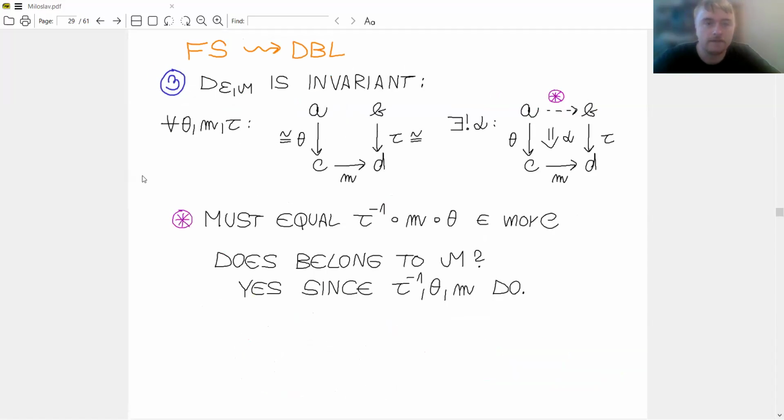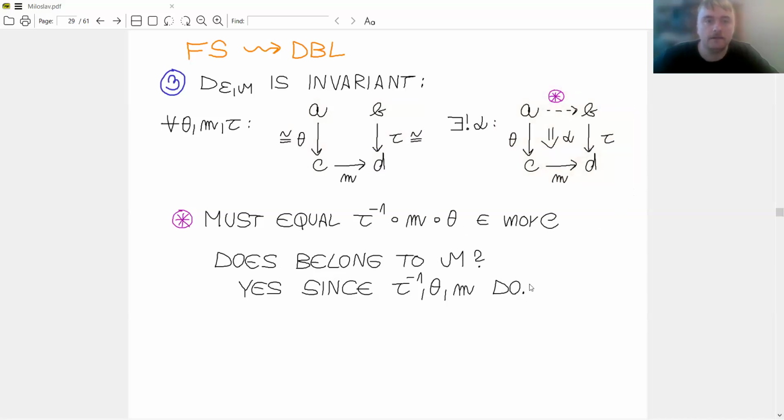And the third property is invariance. We have seen this for the category of all commutative squares. If these two are isomorphisms, I would like this to admit a unique filler into a square.